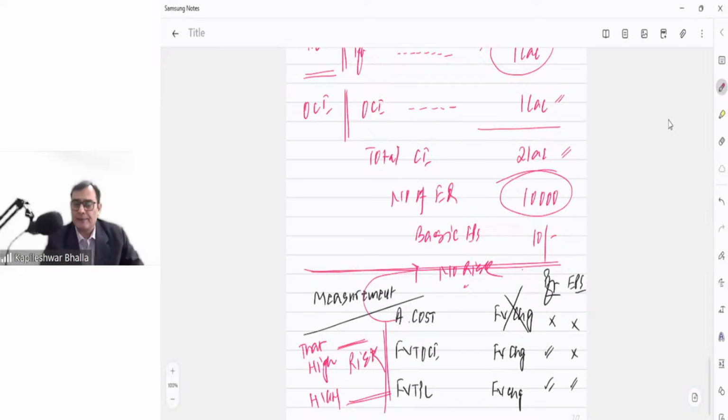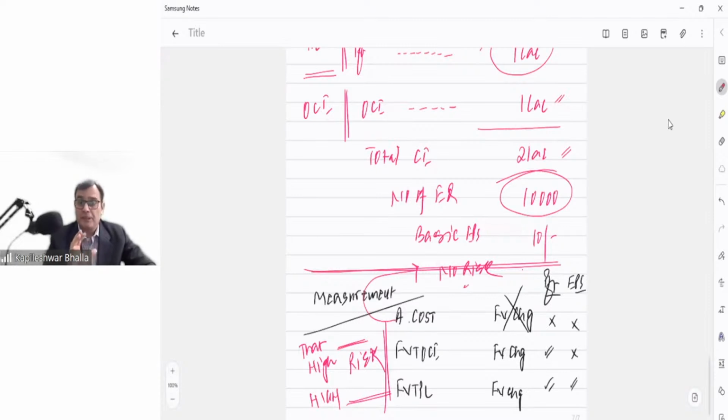So my thought perception is very clear that the standard setters introduced the concept of fair value accounting, and this fair value accounting will be considered whenever we feel that the company is taking a risk. If the company is not taking any kind of risk, we will suggest an amortized cost approach.